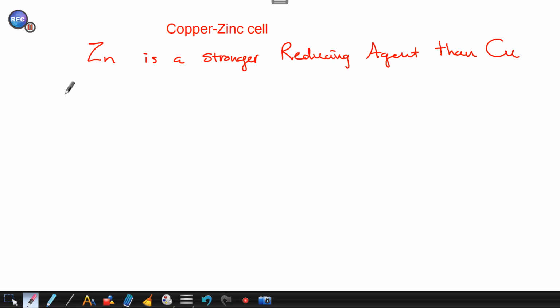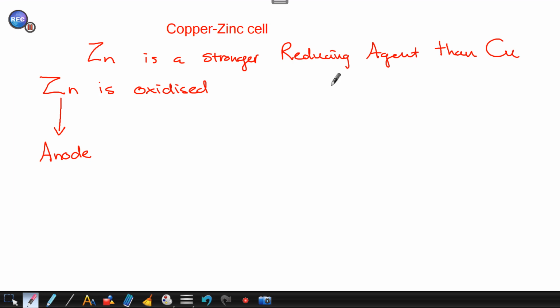So in the copper zinc cell, the zinc is oxidized. Your zinc will form the, now which one is it? The cathode or the anode? Anode. Zinc will be the anode.